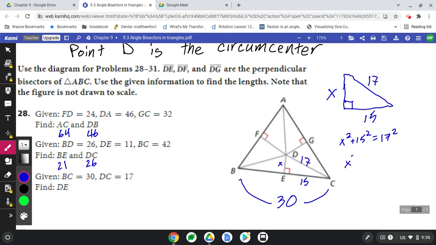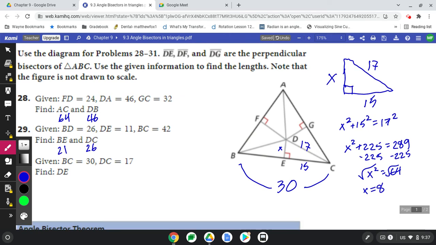Now you might not have these memorized, and if you don't, just use a calculator. But 15 squared is 225. 17 squared is 289. At that point, we subtract 225. Then we take the square root. Square root of 64 is 8.